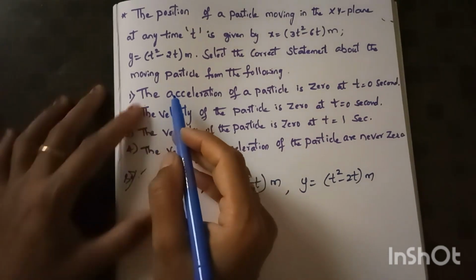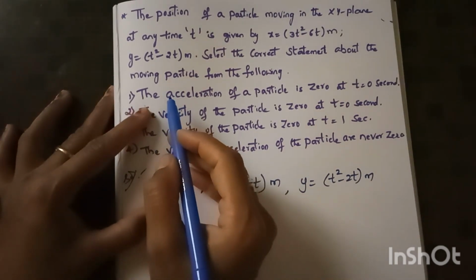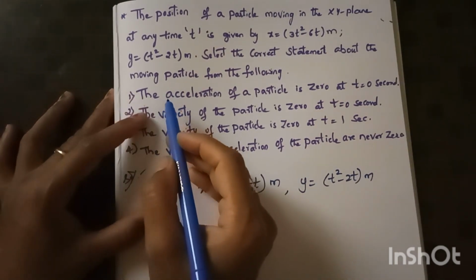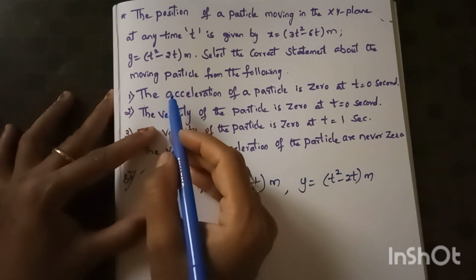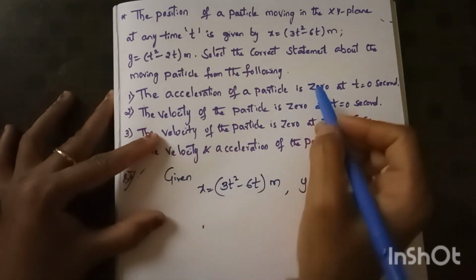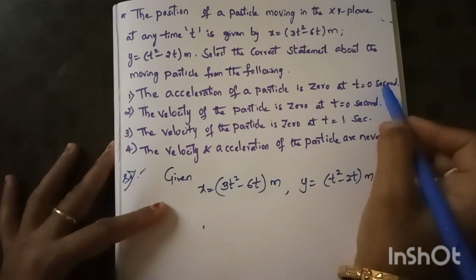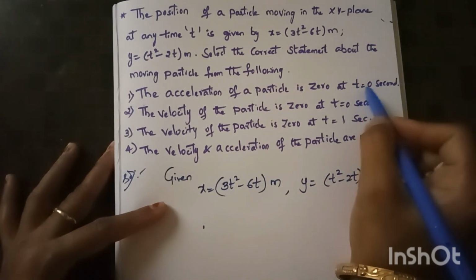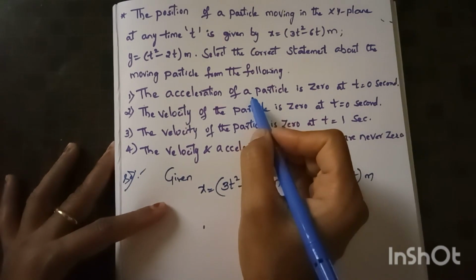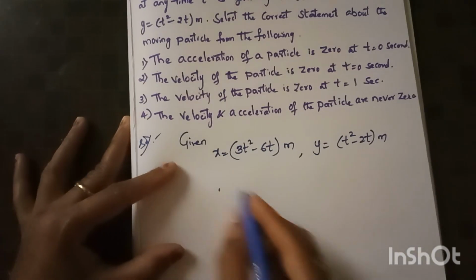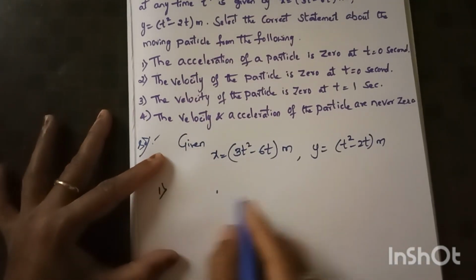Now we are going to check which option is correct from these four. By the first option, at t equals 0 the acceleration becomes 0, so we are going to check the first option.